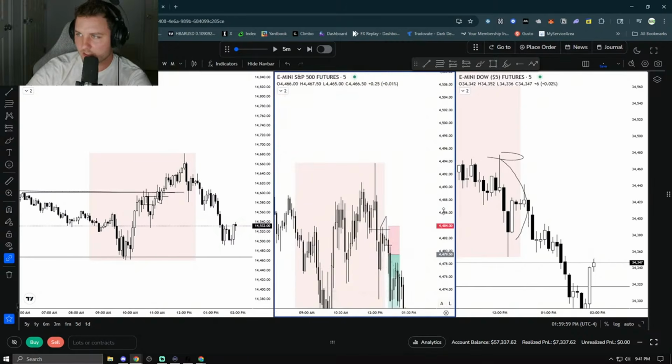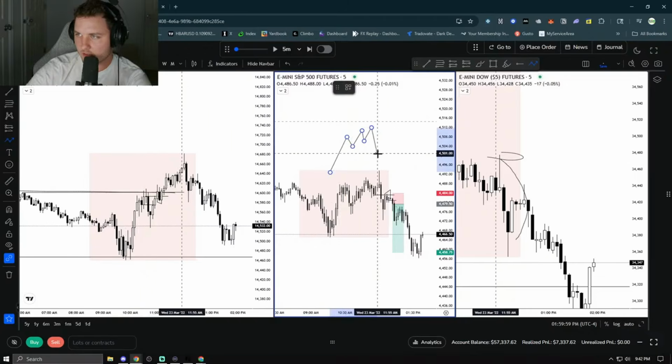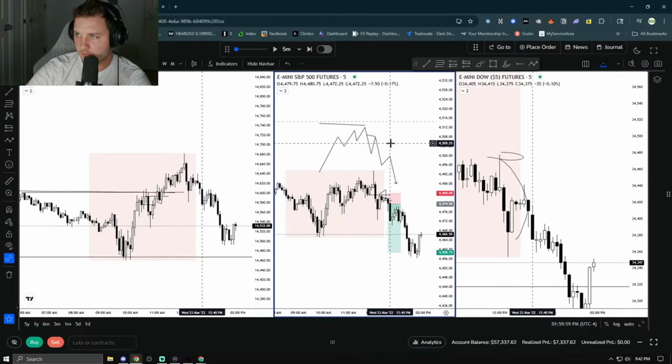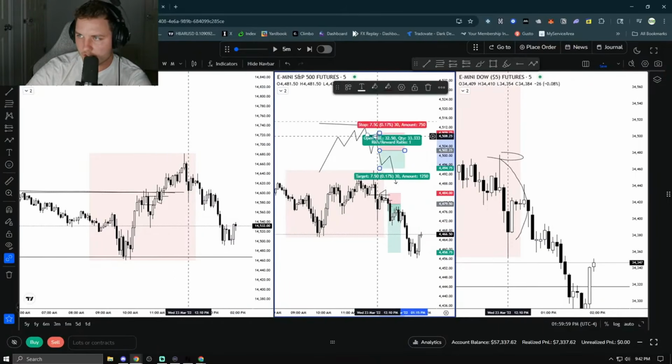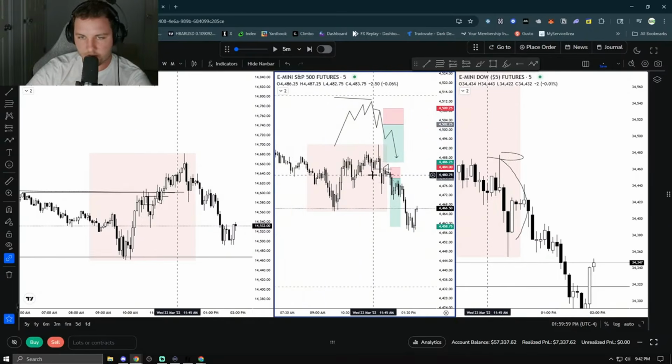Like this is that continuation model on a schematic. Internal SMT with an external, right? And then you get in on the CISD. That's legit exactly what this is.